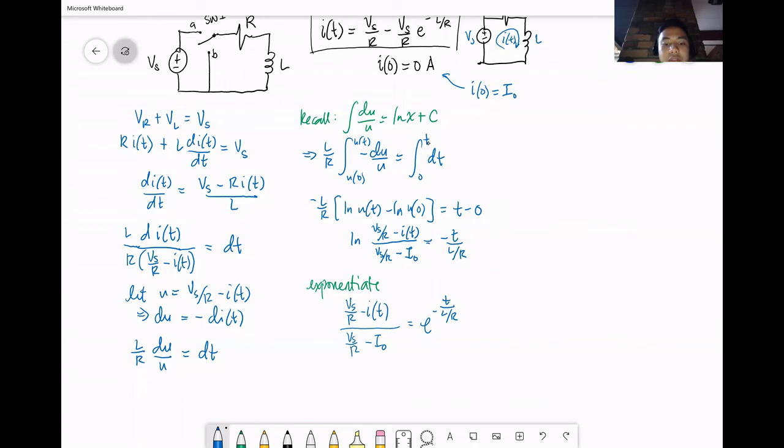Now you arrange the equation because our goal is to get the current so that you can solve the voltage across the resistor and the voltage across the inductor.